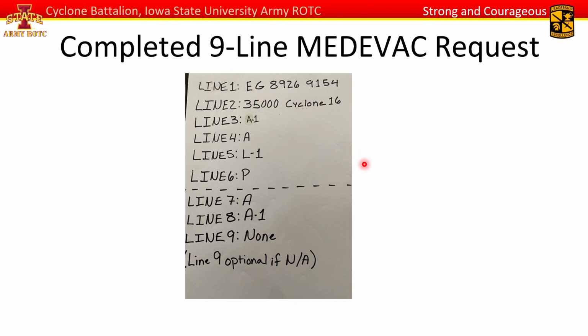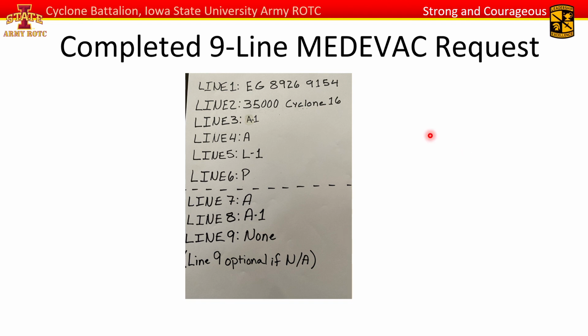So when you go to read these out, typically what's going to happen is you're going to get on the radio and you're going to call higher, and the general format for that is: you, this is me. So in this case we'll use Alpha 6 if we're trying to call the company first sergeant.